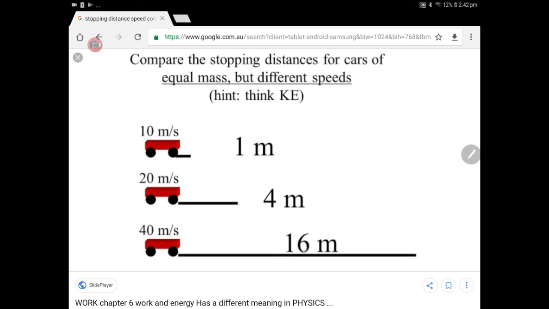But if you double the speed, you don't double the stopping distance, it actually increases by a factor of 4. So doubling the speed, the scale factor is 2, 2 squared is 4. If you quadruple the speed, so 4 times as much, 4 squared, 16.